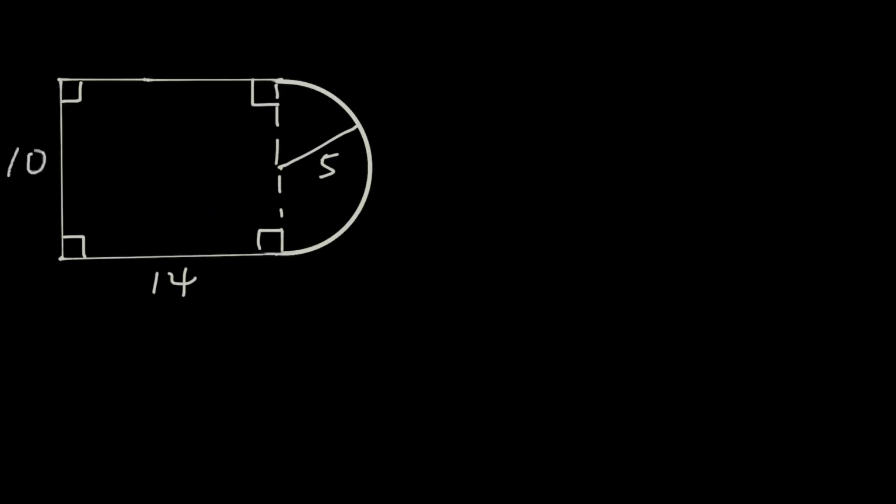Now, what if you were provided with a figure like this, where it has a rectangle as well as half of a circle? What we want to figure out here is the perimeter of this figure, which is the outside portion.